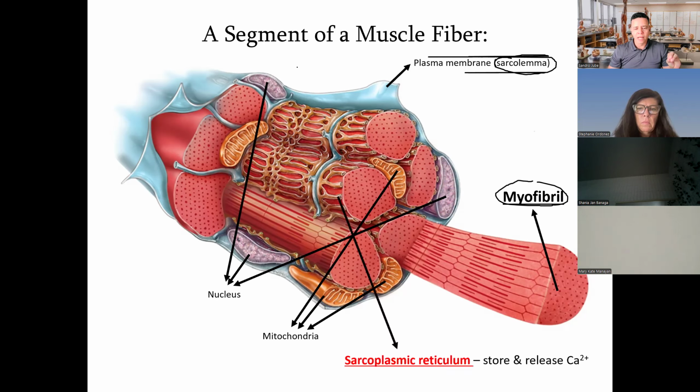The name of the organelle is the sarcoplasmic reticulum. What is the function of the sarcoplasmic reticulum? The sarcoplasmic reticulum stores and releases calcium. Again, it stores calcium, and we are going to see the role of calcium in muscle contraction. Okay? All right, 5 minutes, I'm going to ask you that question.